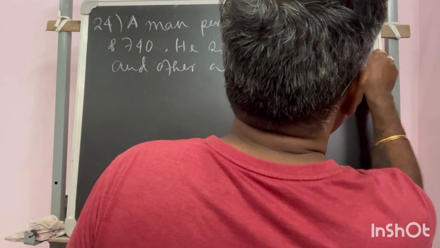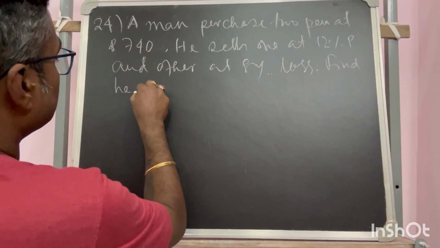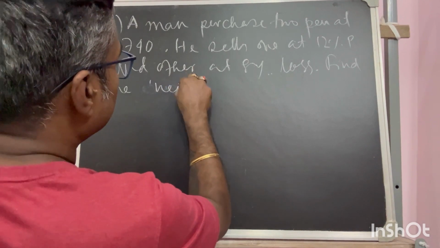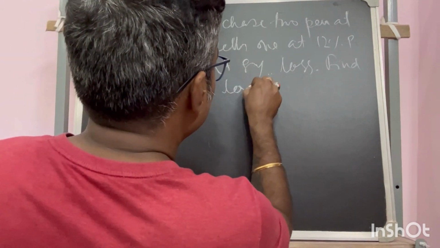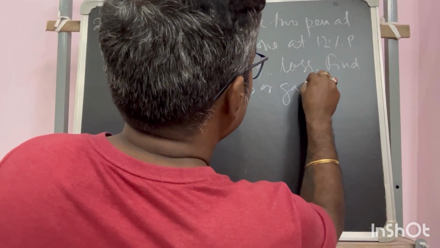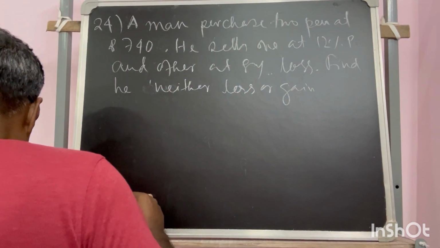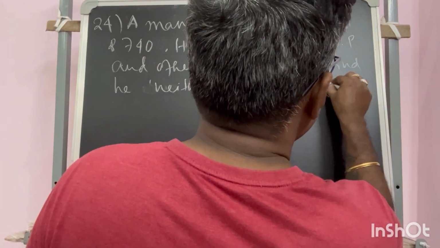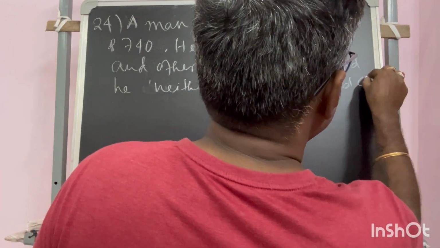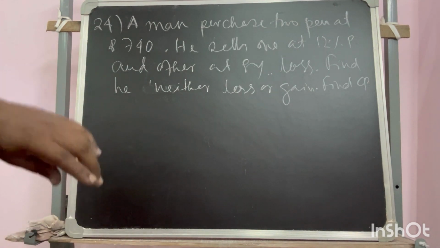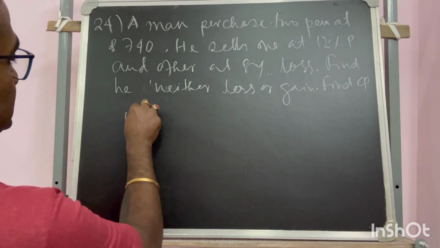Finally he has neither loss nor gain. So find the cost price, CP.